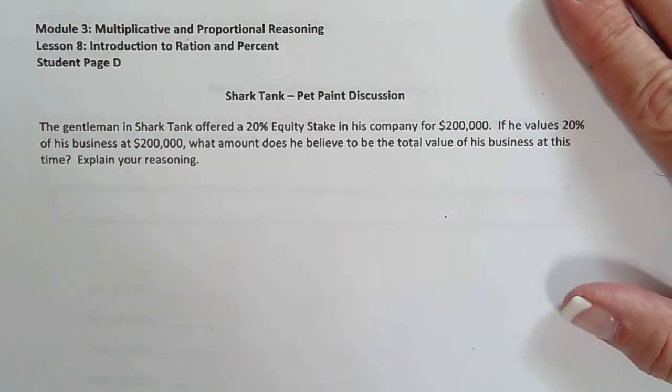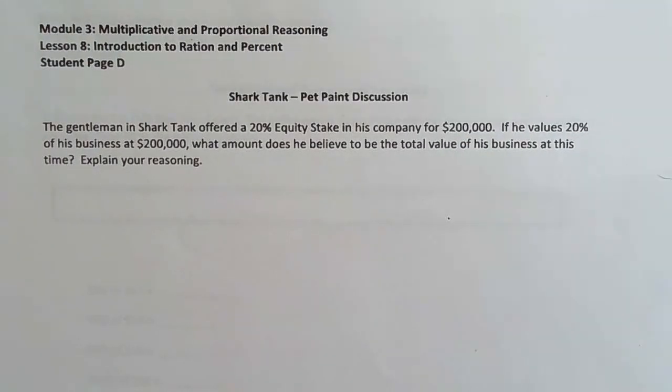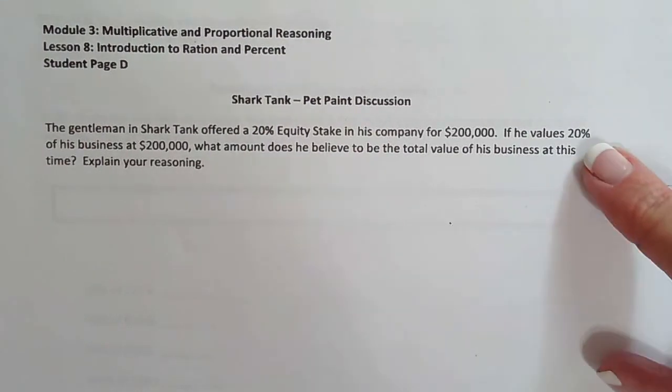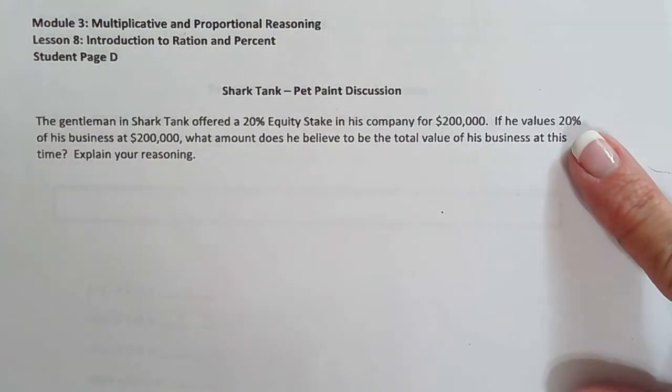So pretend you've seen that and this is what they're offering. A gentleman on Shark Tank offered a 20% equity stake in his company for $200,000. That means he thinks 20% of his business is worth $200,000.